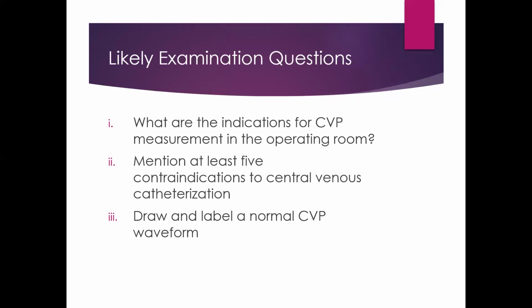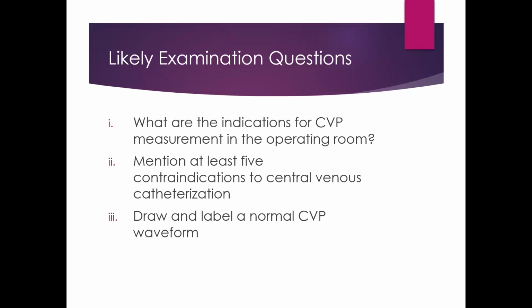So likely exam questions, you see questions like this. What are the indications for central venous pressure measurement in the operating room? The second question is, mention at least 5 contraindications to central venous catheterization. And the last one is, draw and label the normal CVP waveforms.